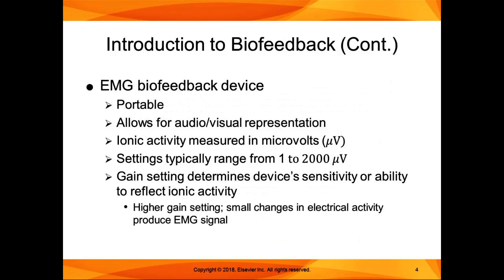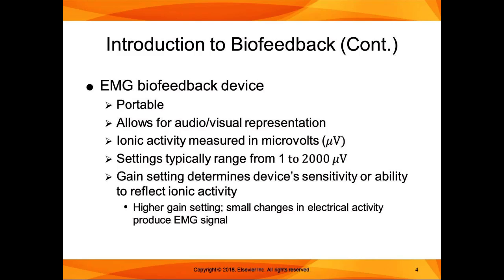and precautions. So the EMG biofeedback device is a portable device that allows for an audio or visual representation of usually a muscle contraction. The little machine itself allows the therapist to set the device's sensitivity.